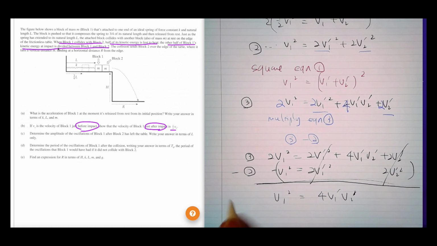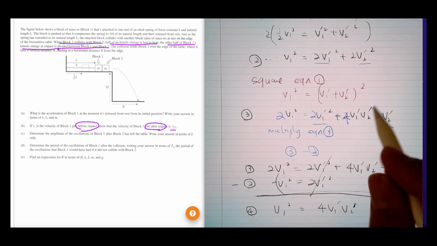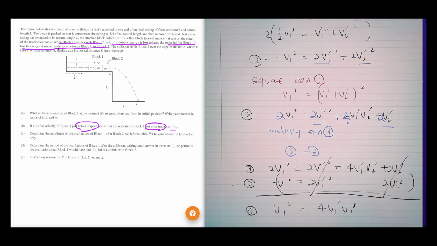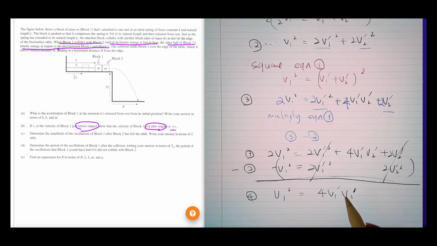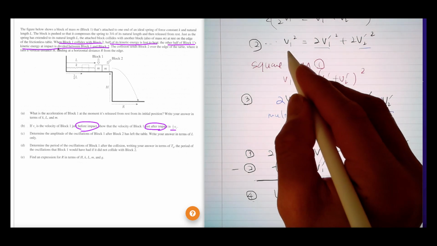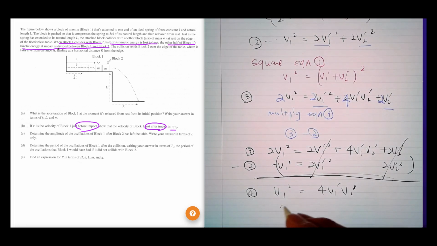This new equation 4 can be compared to equation 2 because we have both squared. So I can use a substitution method for b1 squared: equation 4 gets substituted into equation 2.